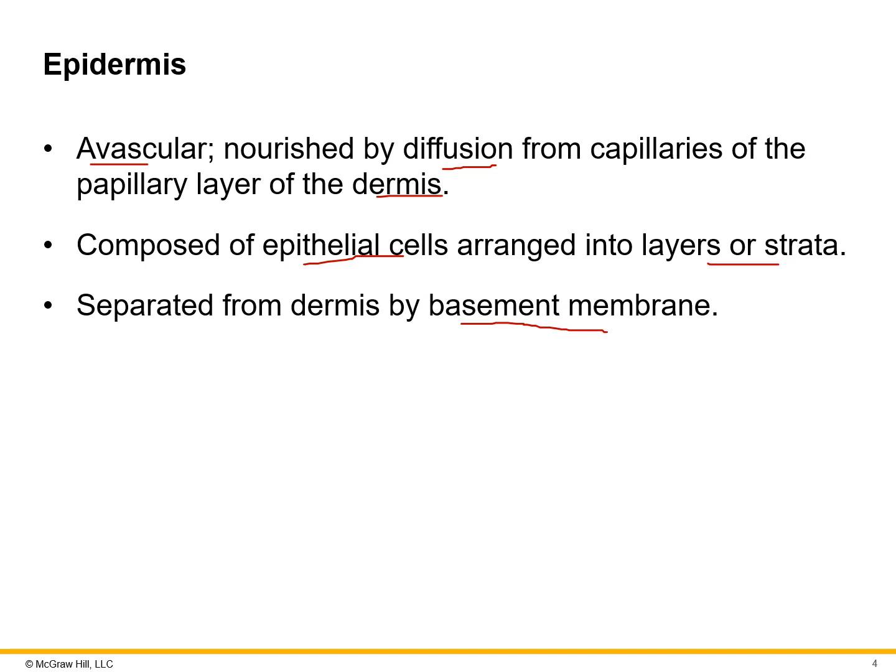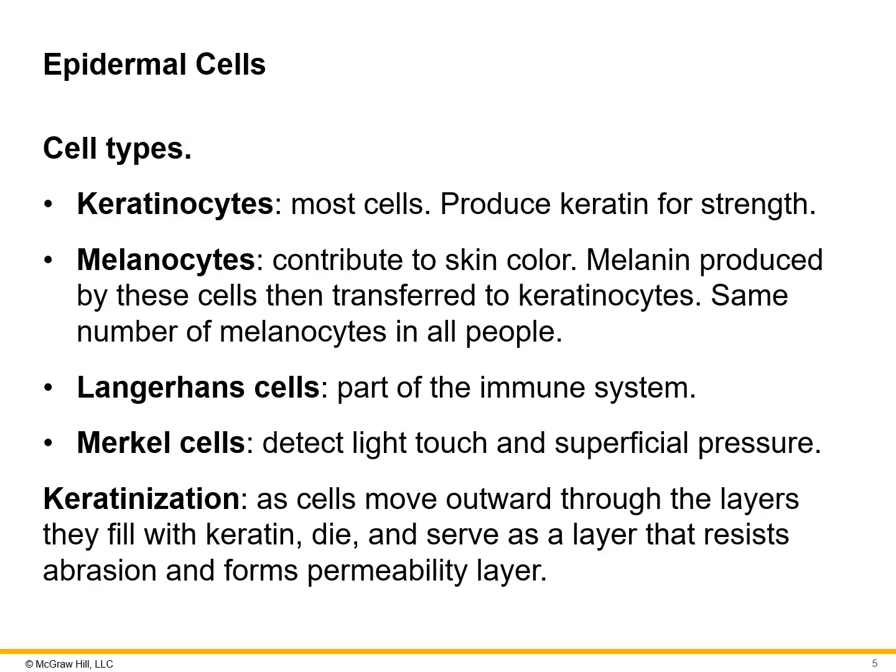So if you remember, part of our epithelial tissues, those cells have a basement membrane where they connect to the underlying connective tissue. So the epidermal cells that we find on the skin, we have keratinocytes, as the name implies. They produce keratin. This is the majority of the cells that are going to be found there. So they're making this keratin that is needed to provide strength, again, protection against invaders, but also preserving against water loss as well.